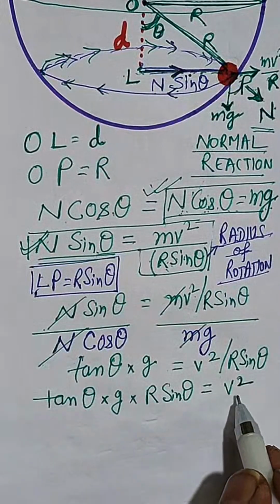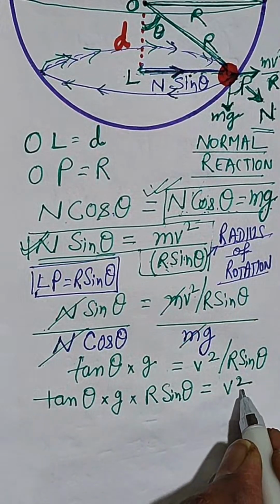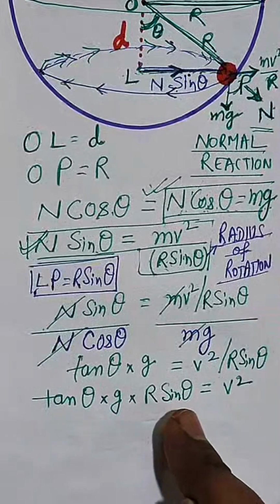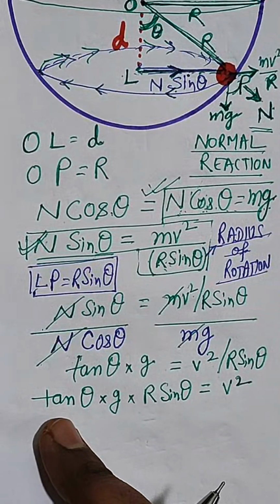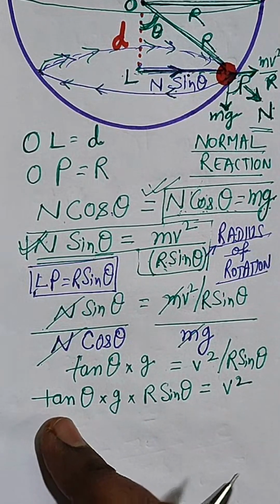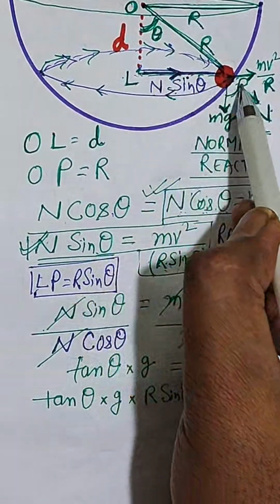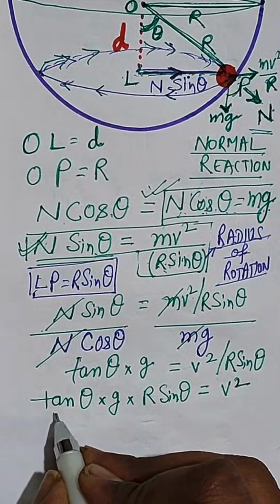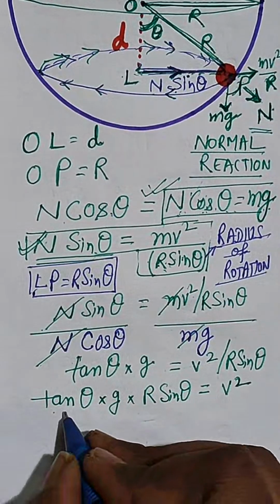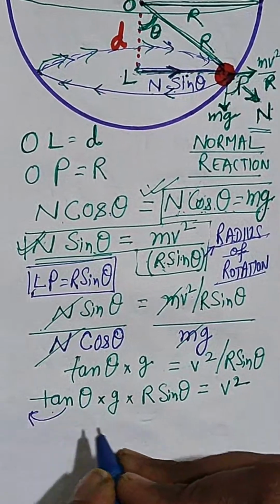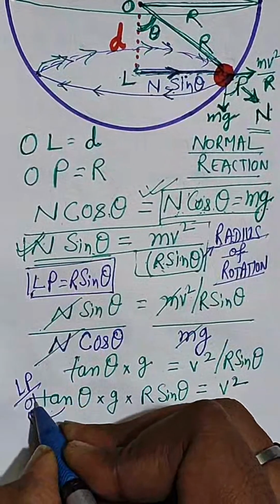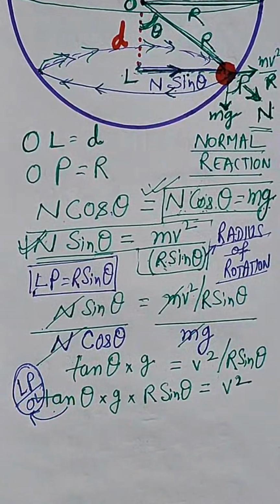So here we can see the value of the velocity which we are going to calculate will be the value of tan theta into g r sin theta. But what is the value of tan theta? Just place the value. Tan theta is nothing but LP by OL, right?